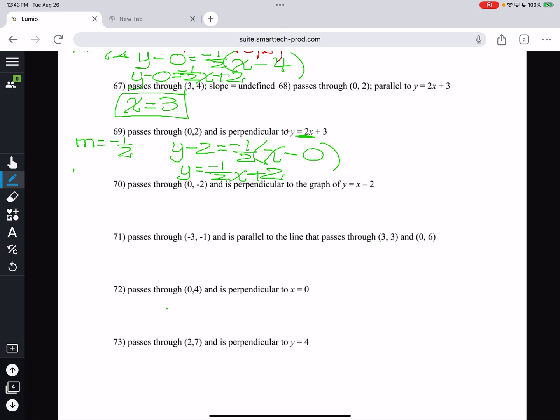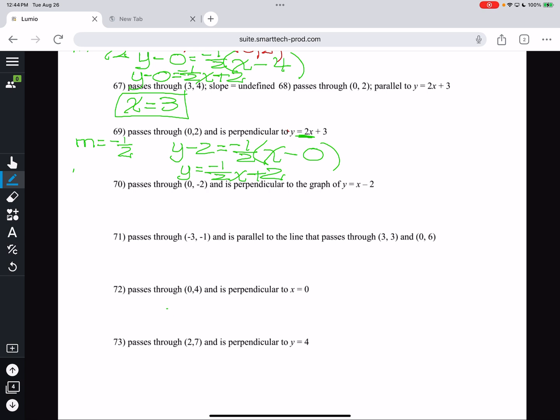Short version: it doesn't happen every time, but in this instance, 0, 2 happens to be the ordered pair for the y-intercept. So we could have just gotten the slope and then said plus 2. But if that had been like 3, 2, we couldn't have done that. All right?